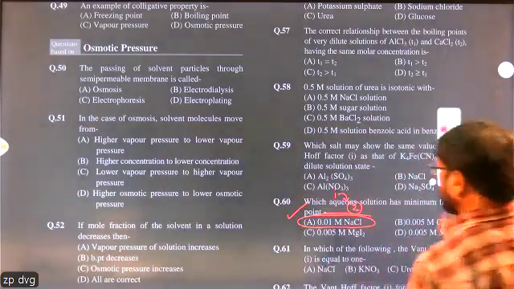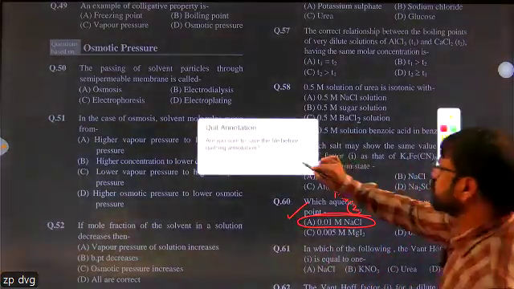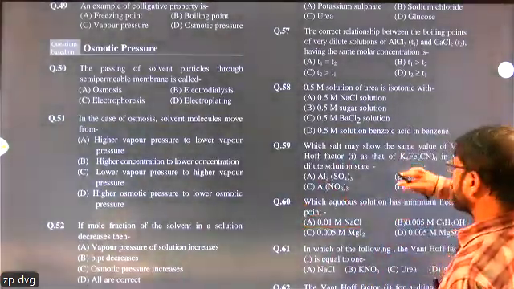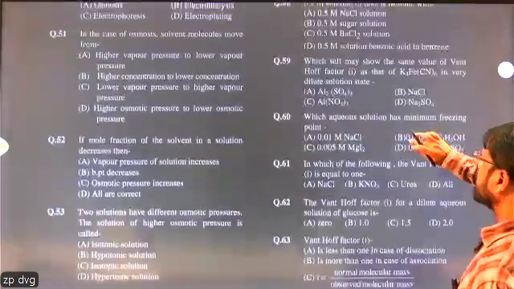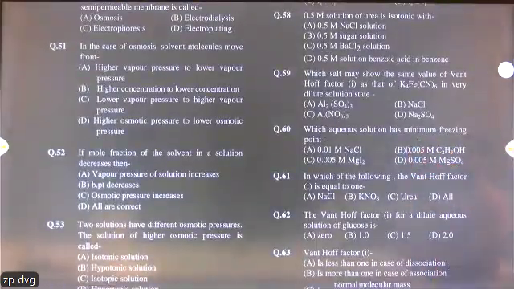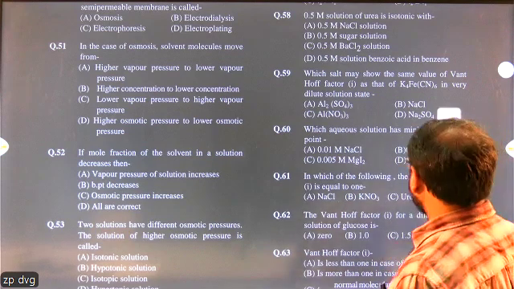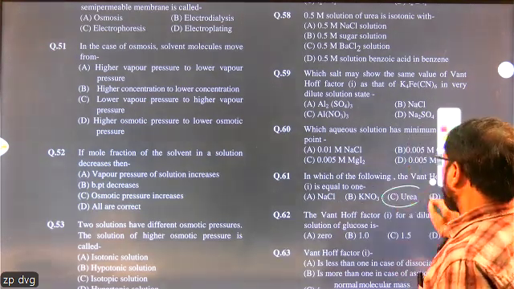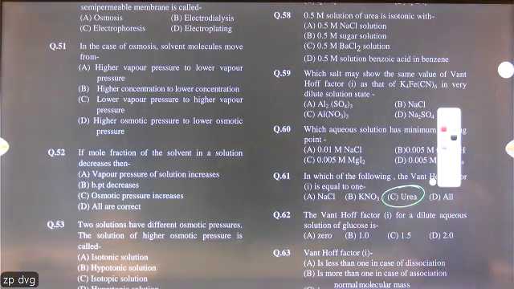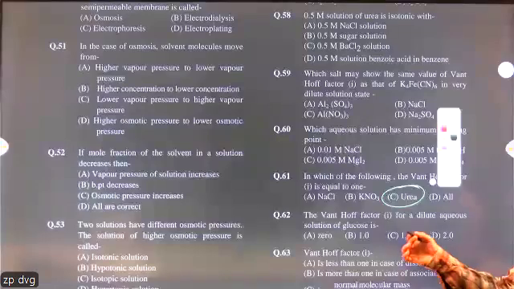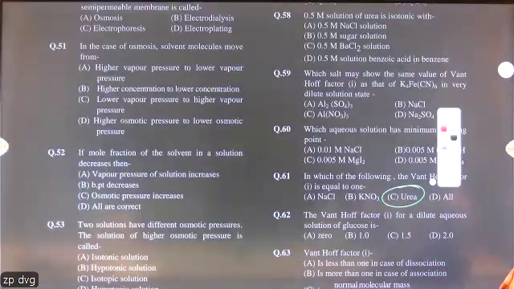Next one, question number 61. In which of the following is the Van't Hoff factor equal to 1? The correct answer is urea. It does not undergo dissociation or association.